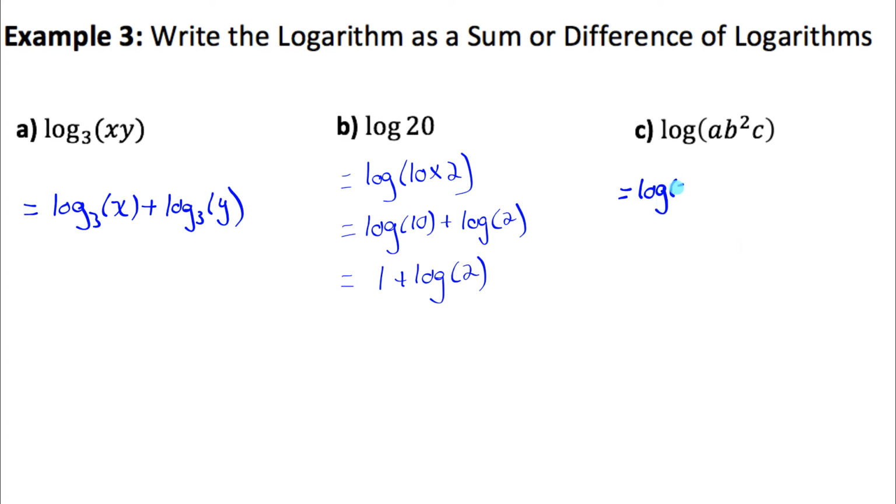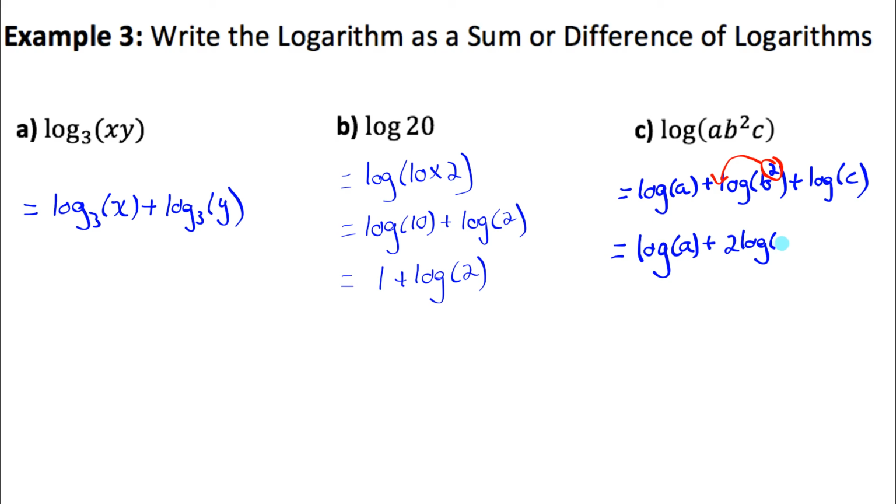Of log A, of log B squared, and of log C. And then for a final answer to be fully simplified, if your argument has an exponent on it that's not 1, for example this 2, we should use the power law and write it as the coefficient of the log. So my final simplified answer should be log A plus 2 log B plus log C.